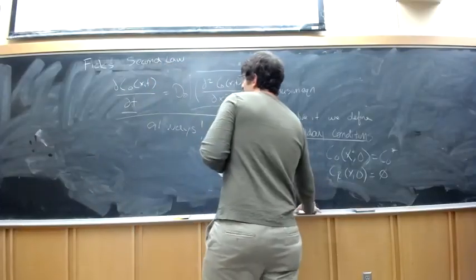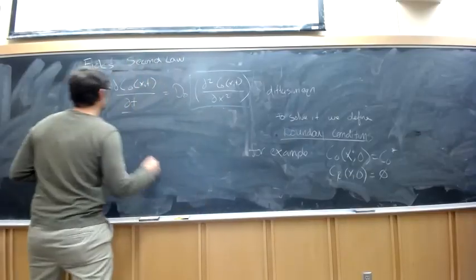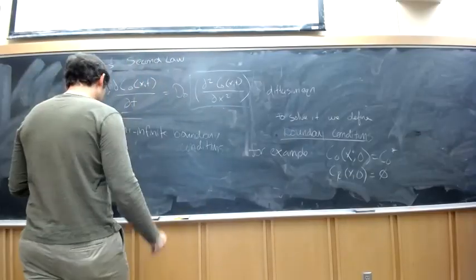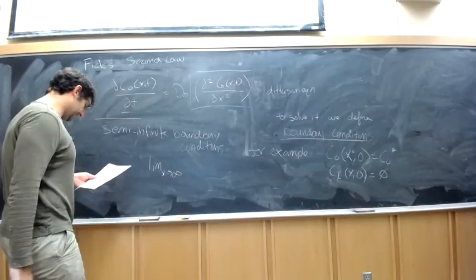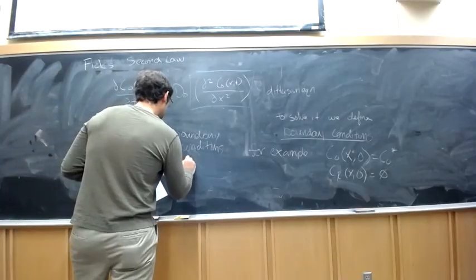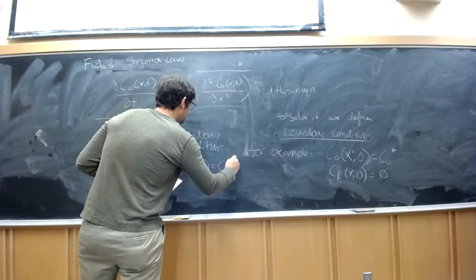And then I might define something called semi-infinite boundary conditions, and we'll define some of these later. For example, the limit as x goes to infinity of C_O(x,t) equals C_O star. So what does it say?